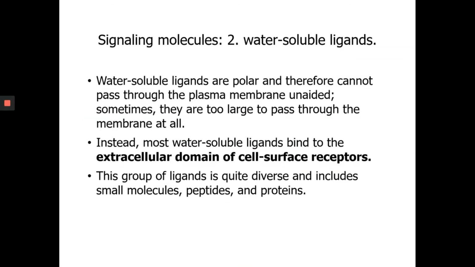Okay. So the second group of signaling molecules are water-soluble ligands. These are water-soluble, so that means they're polar. And if you remember from last chapter, if they're polar, then they can't really cross the cell membrane very easily. So they're pretty much blocked from getting into the cell.